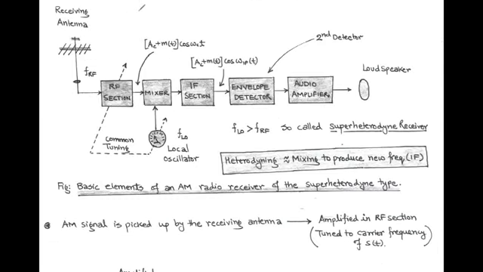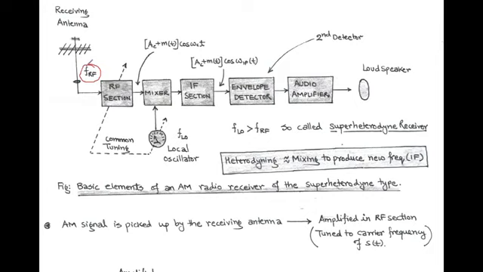Now we discuss the basic elements of the superheterodyne AM radio receiver. The word heterodyne means mixing of signal frequencies to produce a new frequency, that is called the intermediate frequency or IF. In an AM radio receiver, the basic elements are the receiving antenna that receives the radio frequency denoted by f_RF that corresponds to the AM signal.